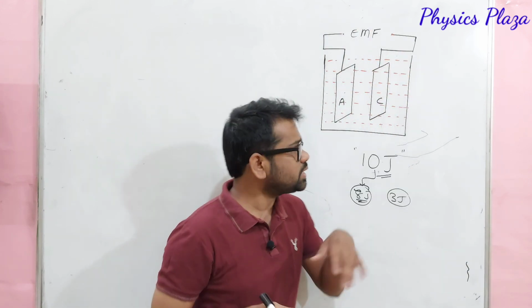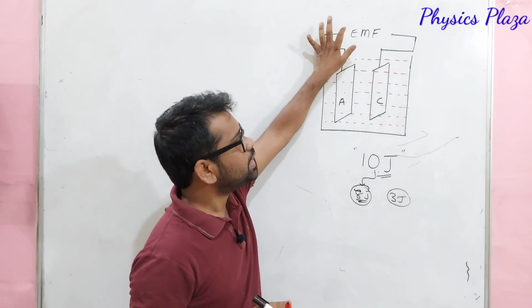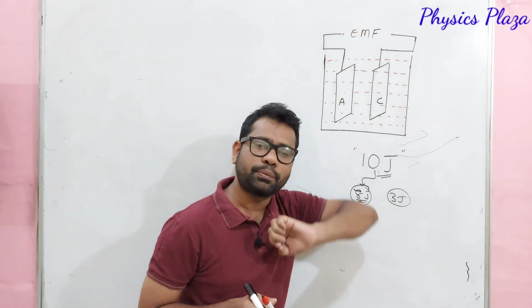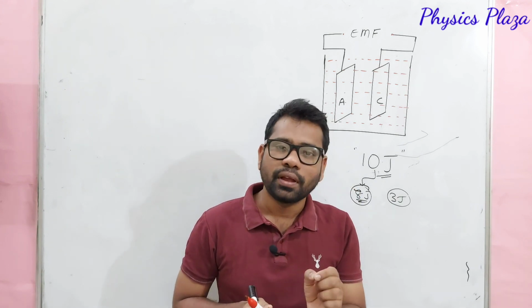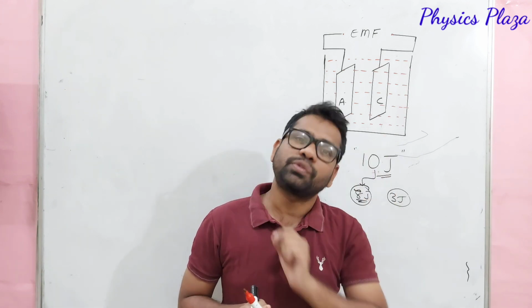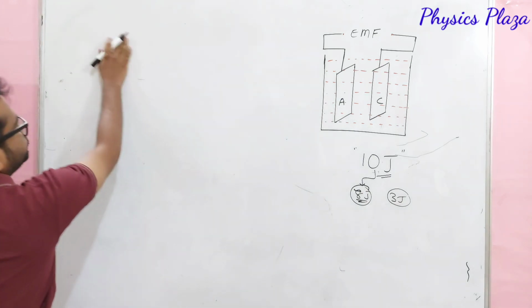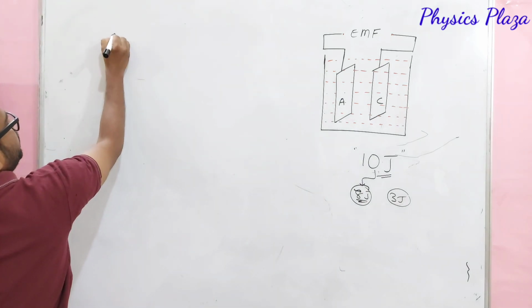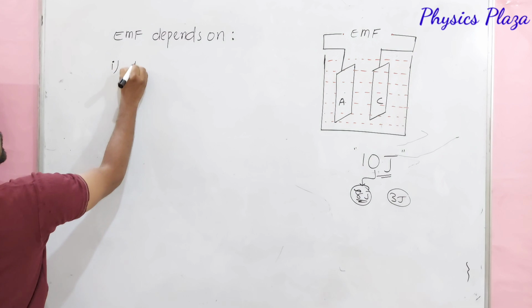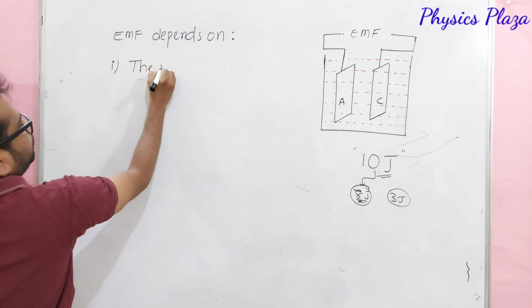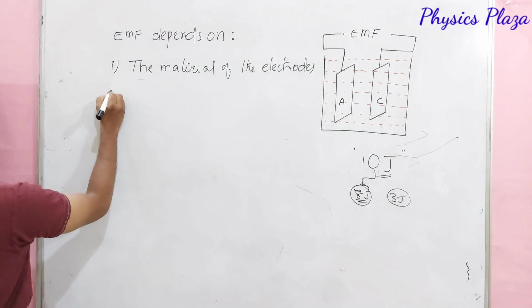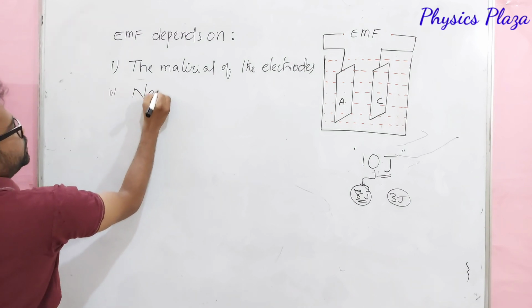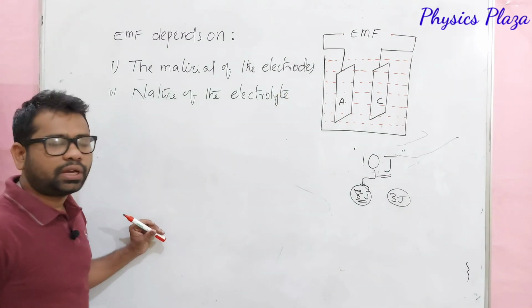Now we will discuss on which factors the EMF depends. It is very important, children. On which factors it depends, and on which factors it does not depend, is also very important. Let us see. First one, the material of the electrodes, and it depends on the nature of the electrolyte used.